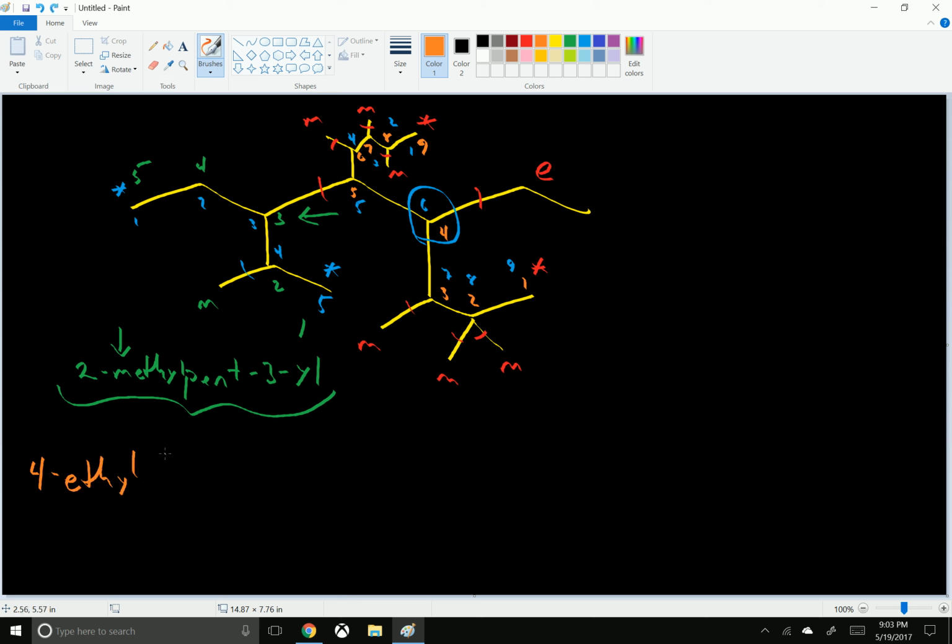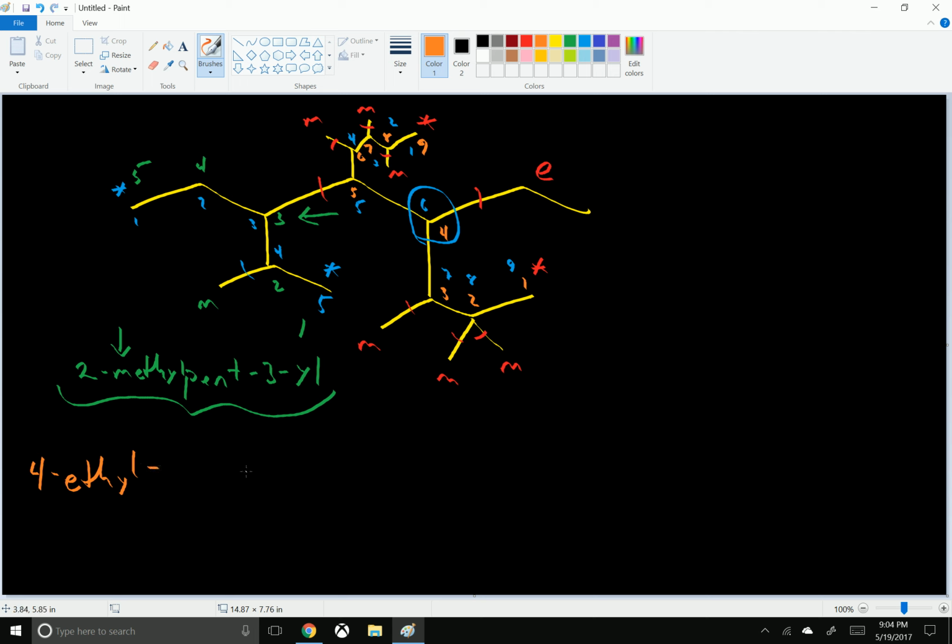Now, what comes first? Methyl or methylpent-3-yl? Ignore the number. Just go with the letters. Nothing always comes before something. The methyl simply ends before methylpentyl does. So methyl is going to come first.